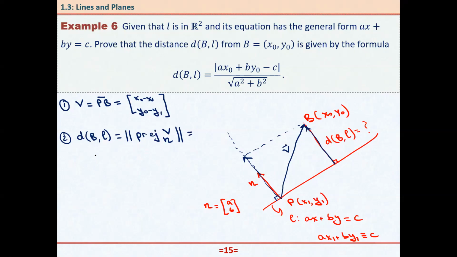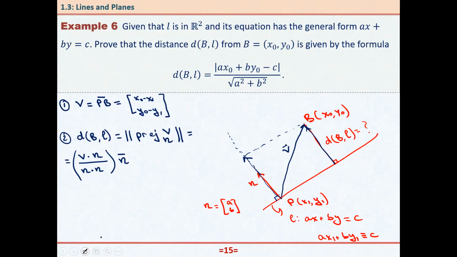And if you evaluate this, it is V dot N over N dot N, times N, right? That is the projection of V onto N. Now from here, what is V dot N?